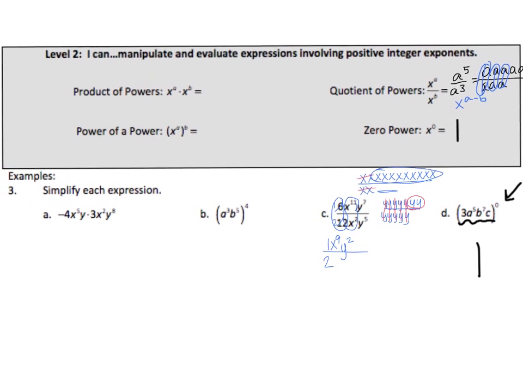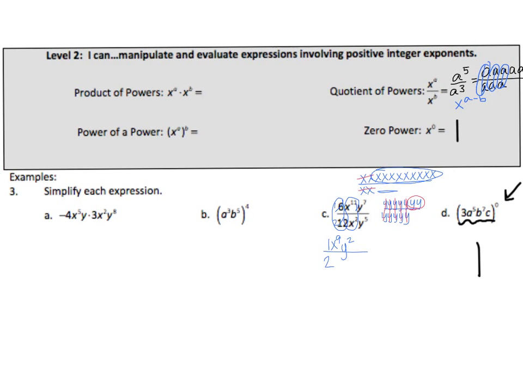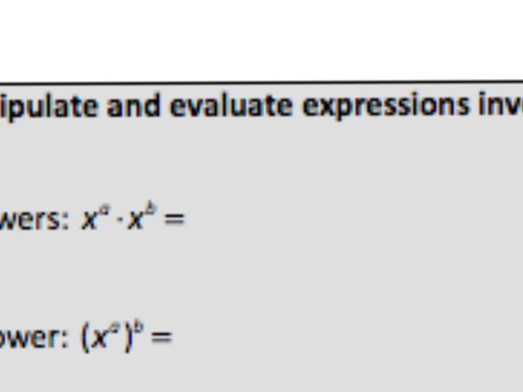Okay, the next one that we're going to do is product of powers. We're going to look at the first example here, A. When I have product of powers, here I'll give you another example: x to the 3rd and x to the 4th. Remember what this means. x to the 3rd means 3 x's, and x to the 4th means I have 4 x's.